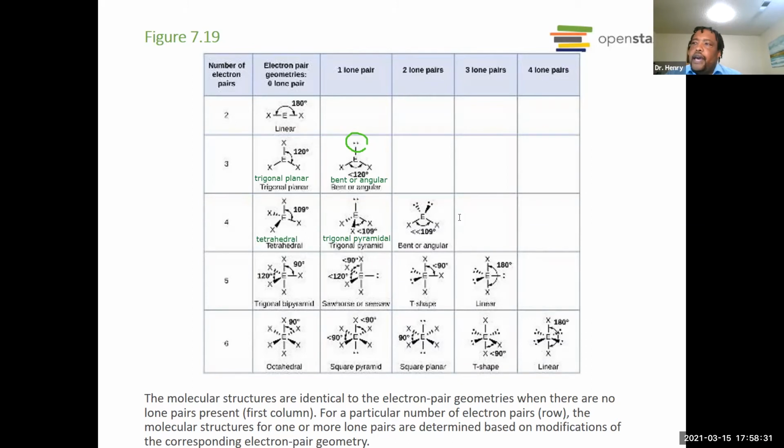And if we have 4 things attached and 2 of them are lone pairs, this is going to be bent or angular. The angle here is going to be much less than 109, where the previous one is just a little bit less than 109.